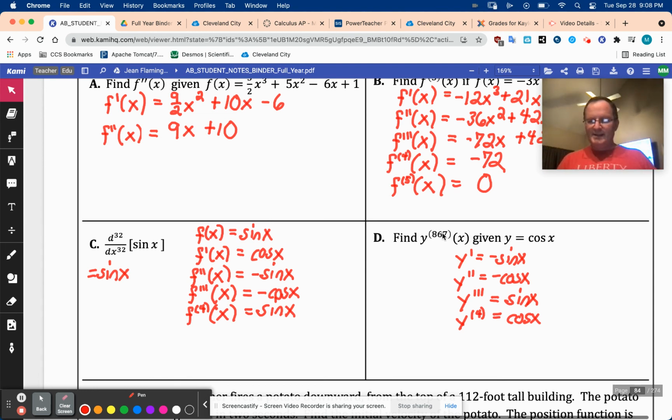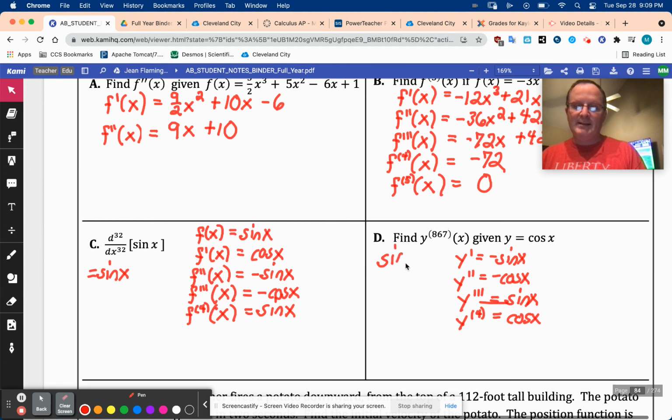Okay, so 68 is a multiple of 4. So 67 is 1 less than a multiple of 4. Took me a little while on that. So this 867th derivative is going to be 1 less than a multiple of 4, and that is sine x.